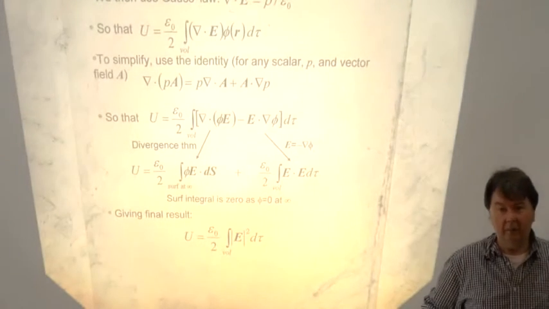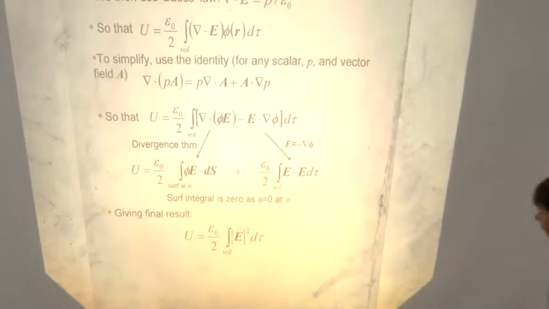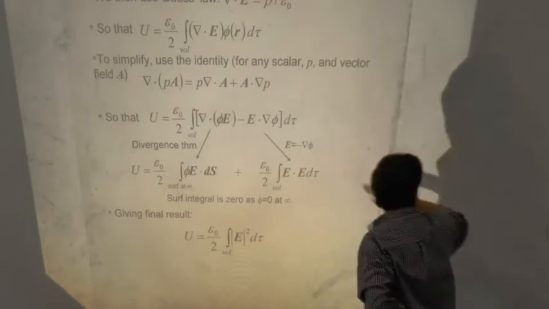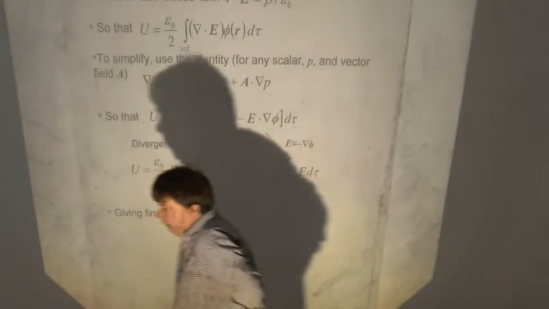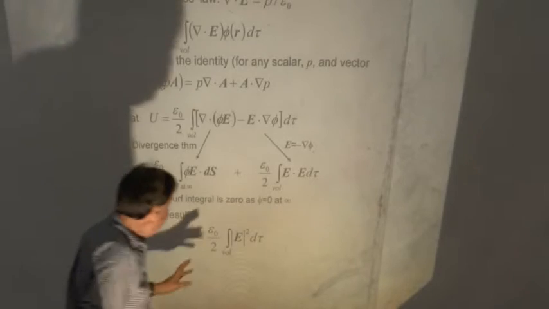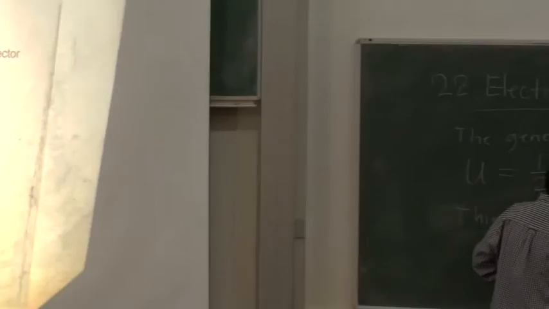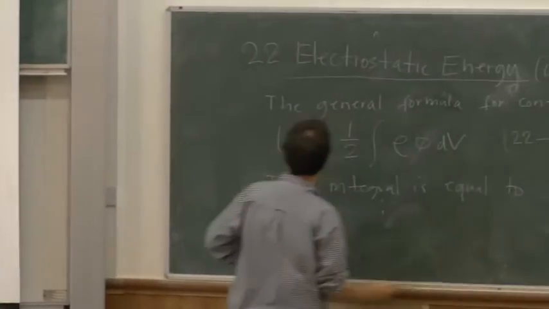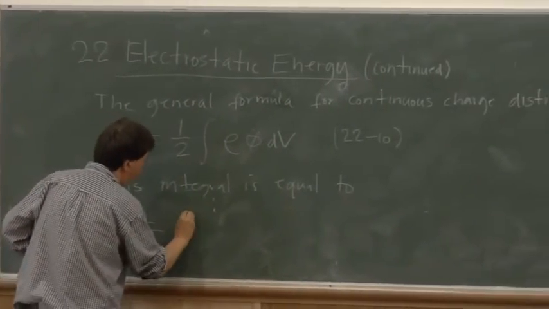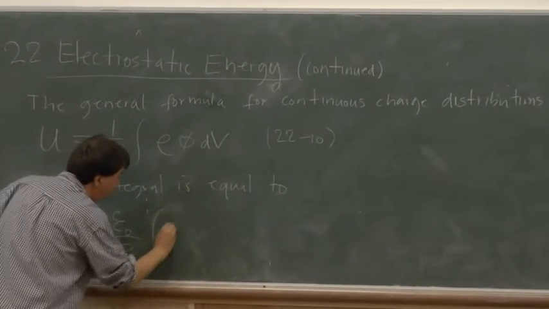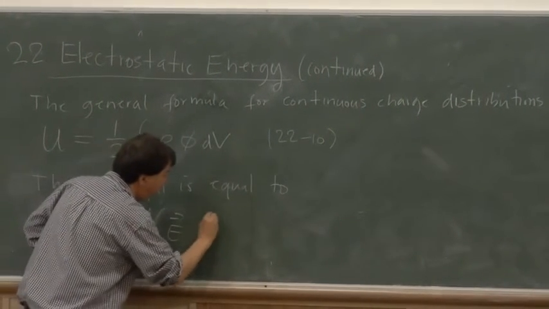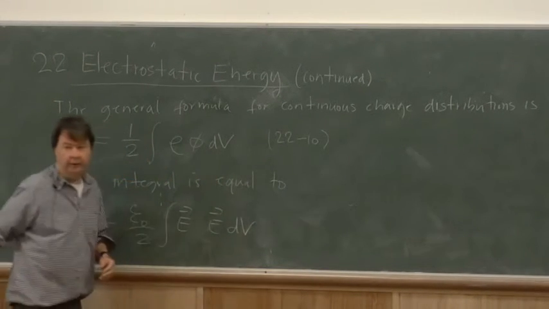How's that? Better? Yeah? So you can convert this general expression into this other general expression. And this is a crucial step. It doesn't seem like we've done much at the moment. It looks formal. But this integral is equal to U is equal to epsilon naught over 2 E dot E dV.